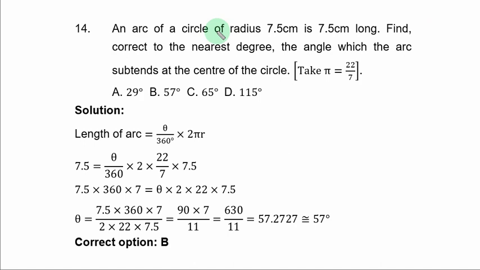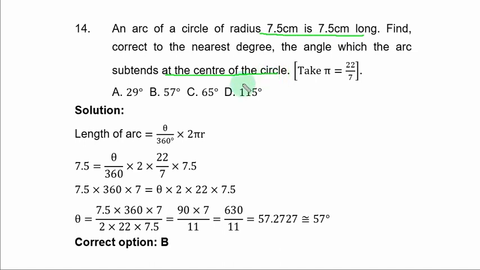Question 14. An arc of a circle of radius 7.5 cm is 7.5 cm long. Find, correct to the nearest degree, the angle which the arc subtends at the center of the circle. Take pi as 22/7.